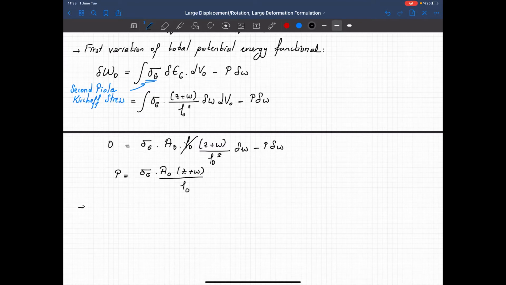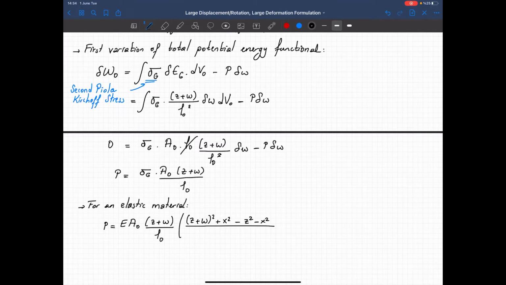So for an elastic material, we can say that P is equal to E times A0 Z plus W divided by the initial length, and I have the Green strain, so I have Z plus W squared plus X squared minus Z squared minus X squared divided by 2 times L0 squared.